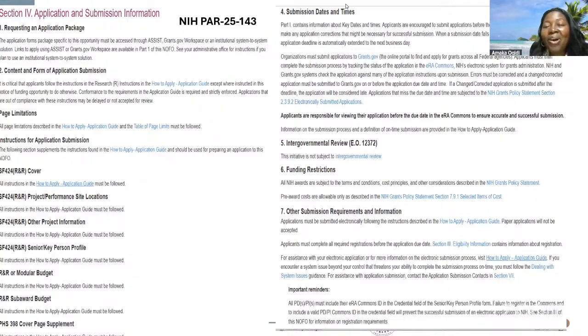Is it too difficult? I want to hear responses. Let me hear somebody respond. Is it too difficult to assemble 3 of the documents that you need to assemble for a complete proposal application?